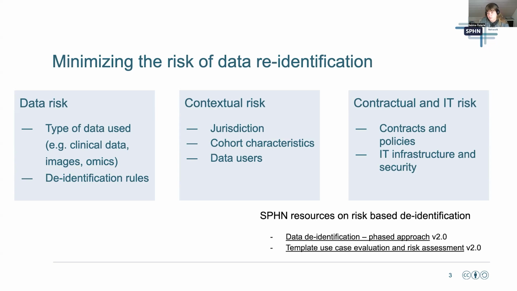Of course, we can always mitigate the risks. This is what we can do with so-called de-identification rules, which I will talk to you about in the next slide. But of course, you can't leave away certain data in case you need them for your research. There is also what we call contextual risk, really meaning, what is the whole setup of that project?